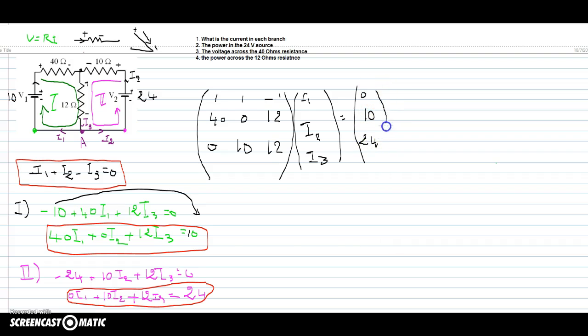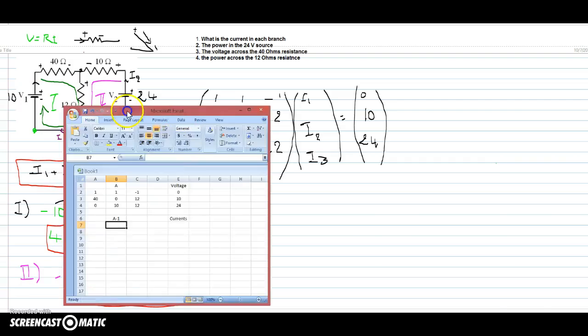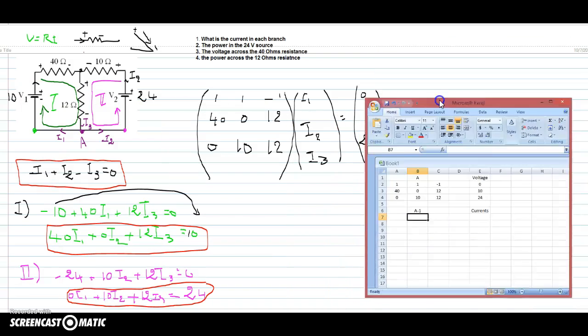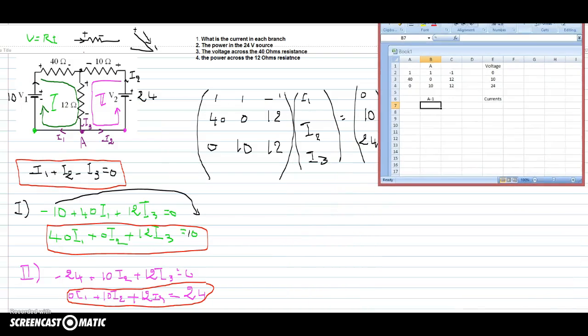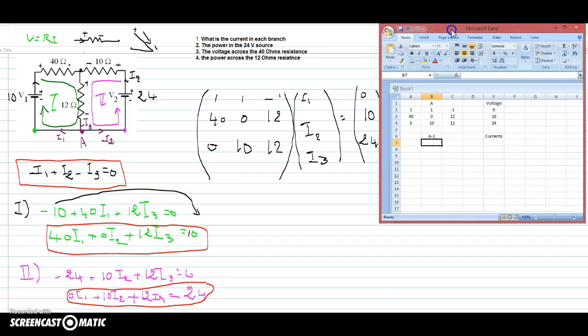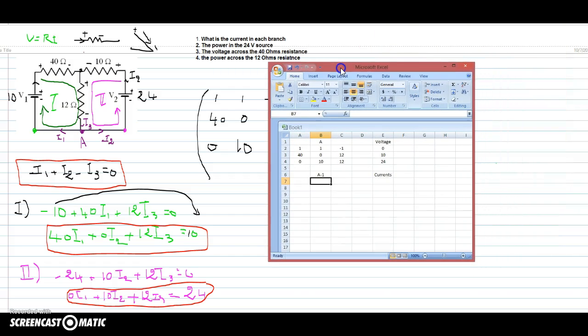All right. Now, at this point, we are done with the physics. The rest is math. I use Excel. You are welcome to use anything else, probably your matrix or your calculator. So I'm going to use Excel. I hope you can see. So let's do the math then. So this is the matrix, 1, 1, negative 1, and so forth.